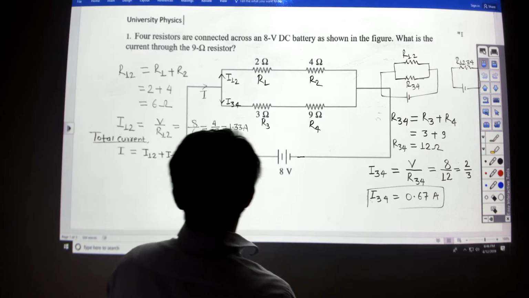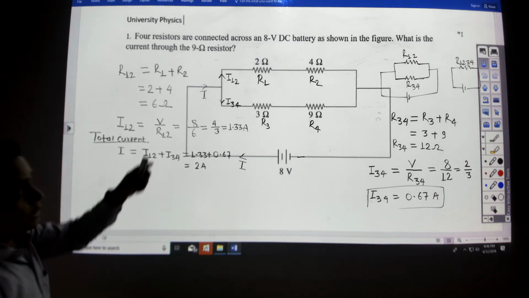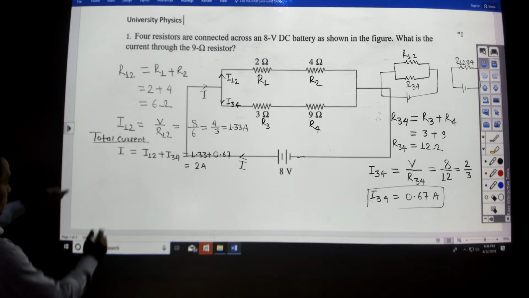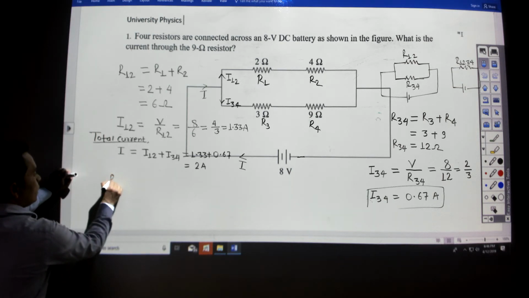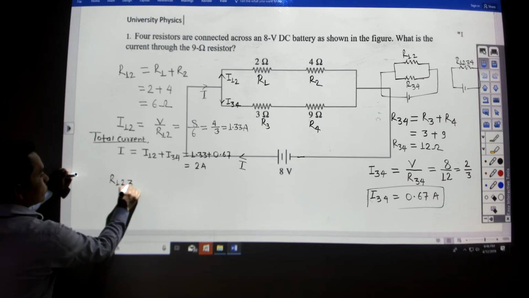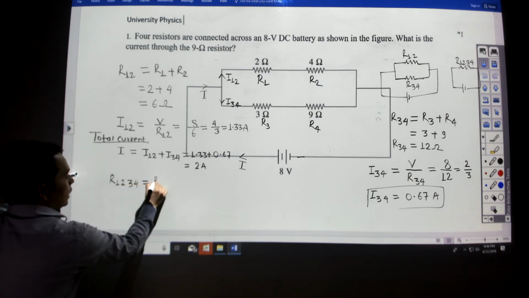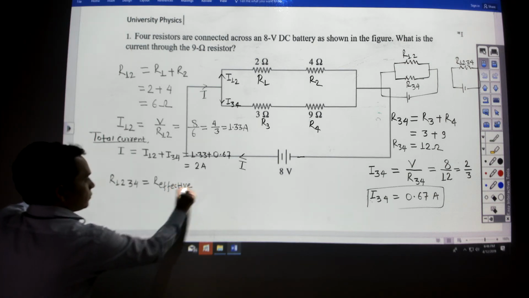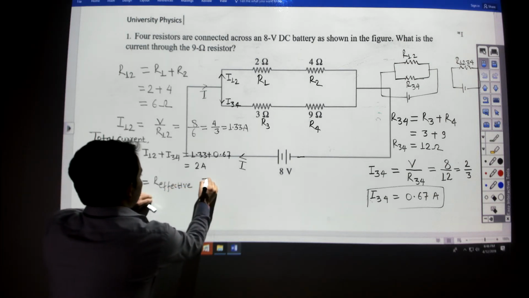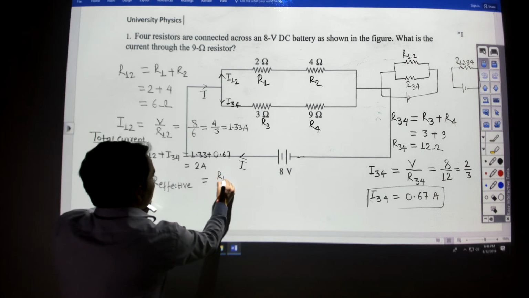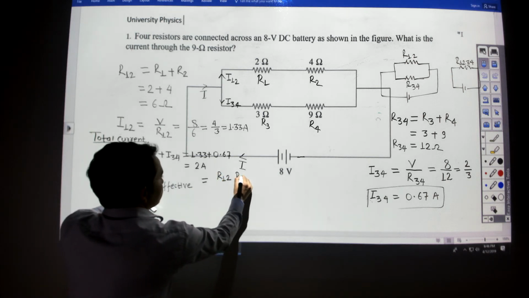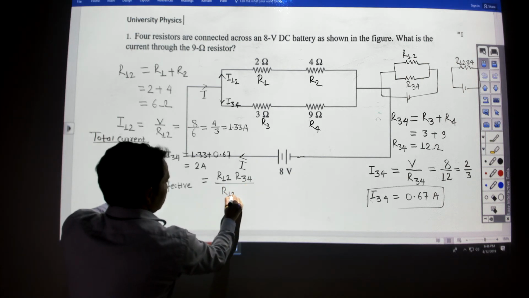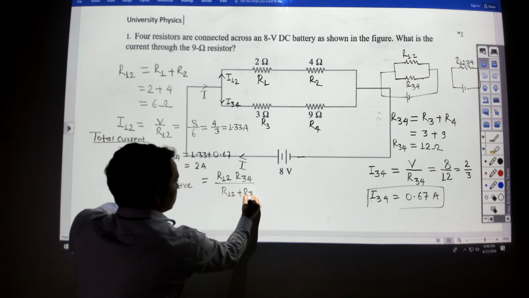So what is the effective resistance now? R12 and R34 are in parallel. So R1234, what we call R effective, is given by: if you have two resistors in parallel, the way you calculate is this formula, R12 times R34 divided by R12 plus R34.